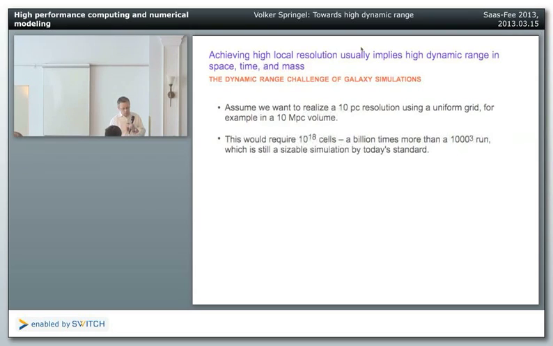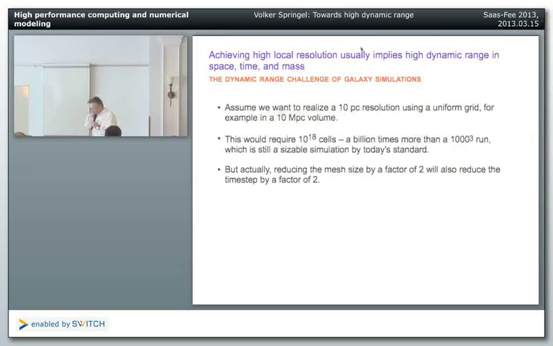Which is still a sizable simulation by today's standard, right? 1,000 cubed would be still sizable. So this would be 1 billion times bigger in terms of computation cost. But hey, wait a second, this is not really true. Because if you make the mesh size smaller by a factor of 2, this will also reduce the time step in general by a factor of 2, at least the Courant time step.